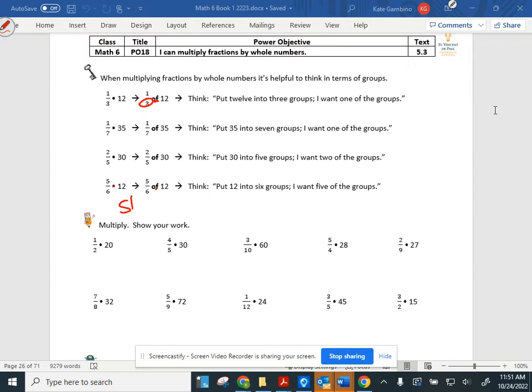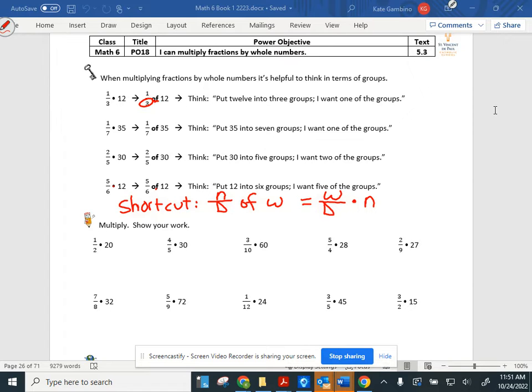So our shortcut that we can do: we have our numerator and our denominator of your whole number. So you can rearrange that to be the whole number over the denominator times that numerator.